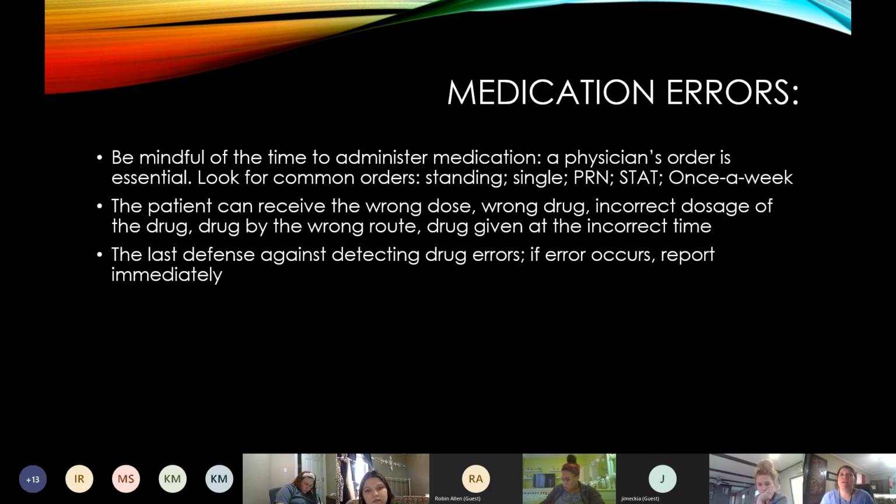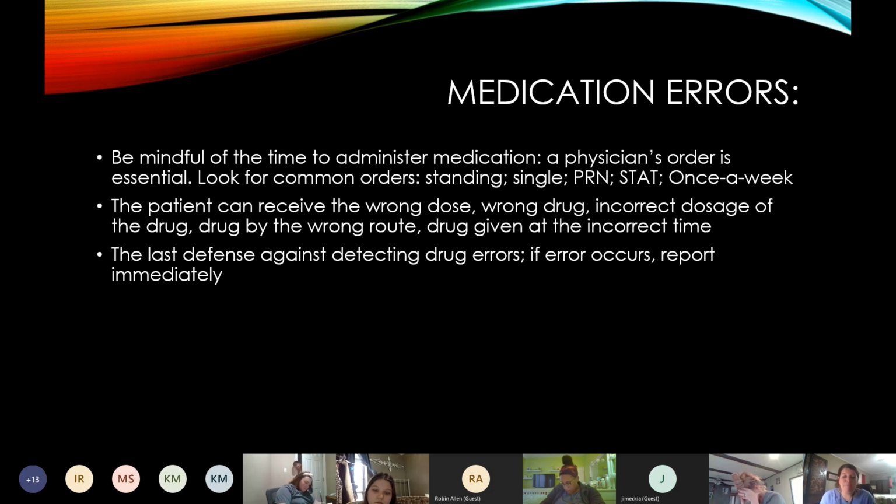A single order would be something like, my patient's potassium is 2.6. Is that a problem? Yes. So we would be giving a big loading dose of a medicine, but it wouldn't be a continuous order.